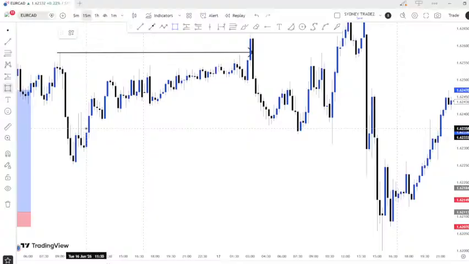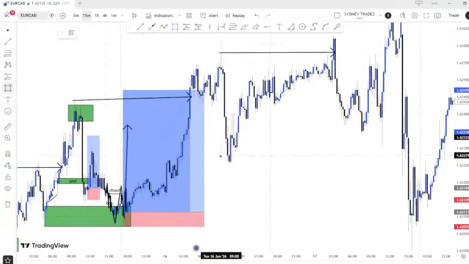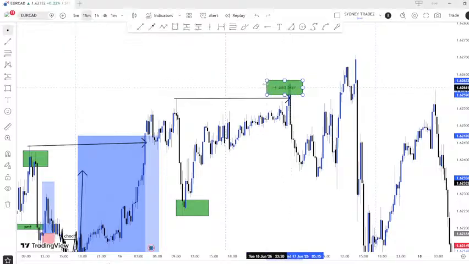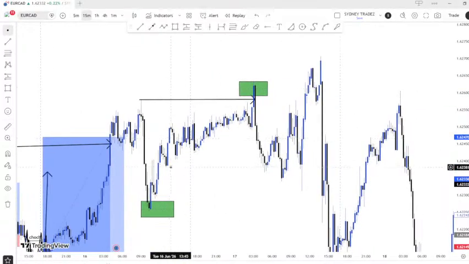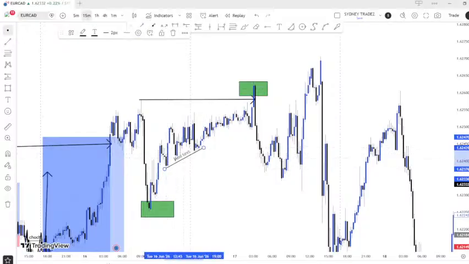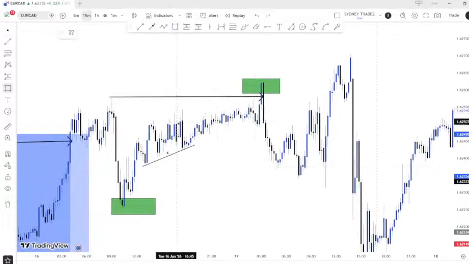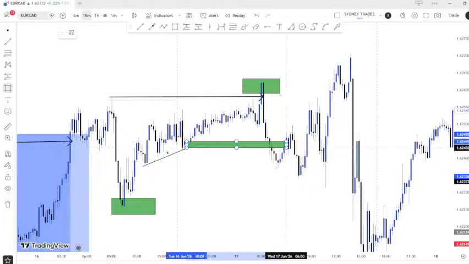Now, I think this is the fair value gap. If we are looking from this level, from here until here, you can see that price moved and generated a lot of liquidity right here. This is all internal liquidity, and it has to be swept. Very clearly we can see a smart money trap sitting over here.